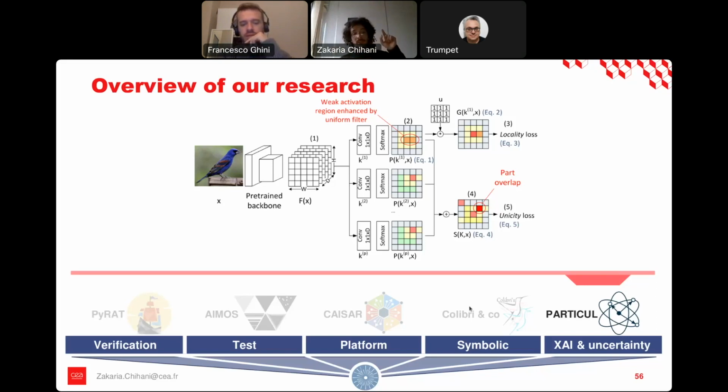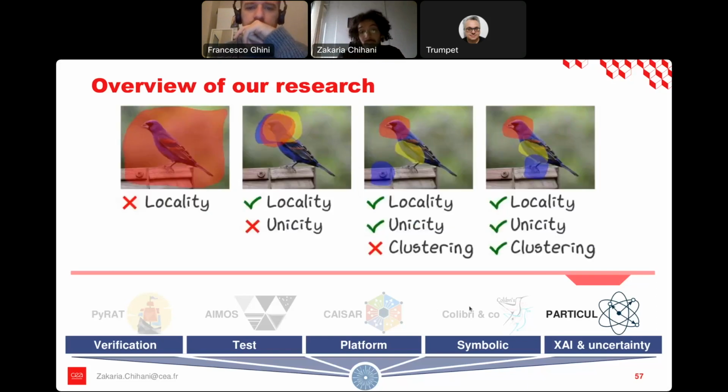So we don't tell them, for example, when you take a bird, this is a head, these are the feet, and this is the tail, etc. We just give the model a bunch of inputs of birds, and then the different detectors will converge to the different parts.